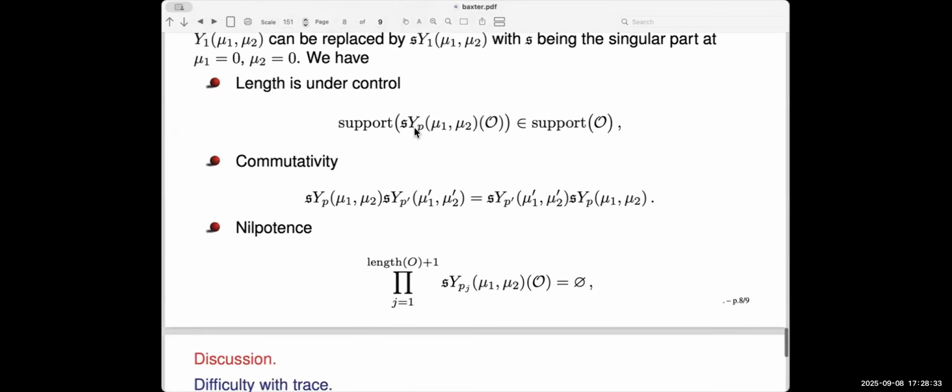And this singular part of y satisfies remarkable properties.